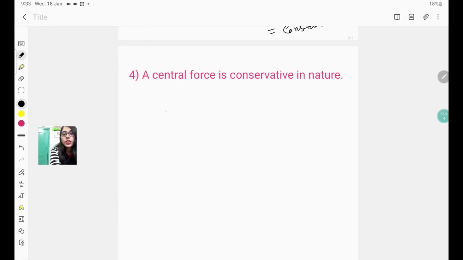Now, the central force F is a function of r, and it can be written as F r cap, right?